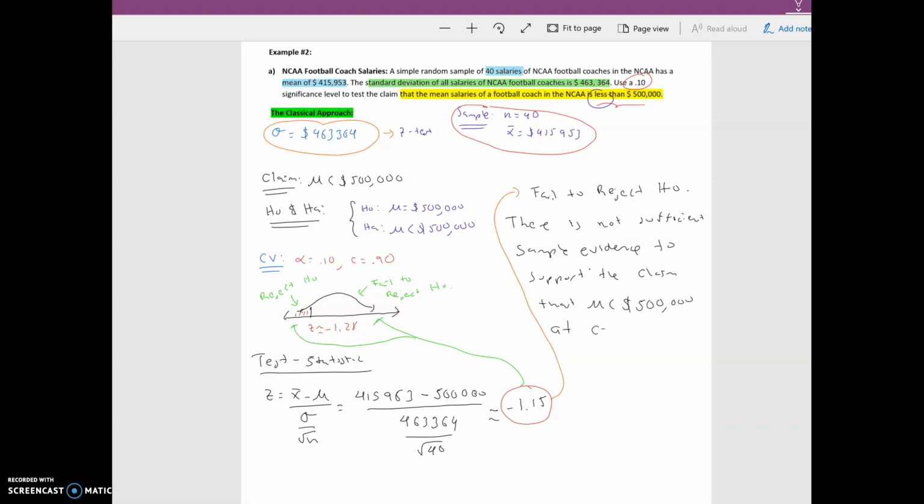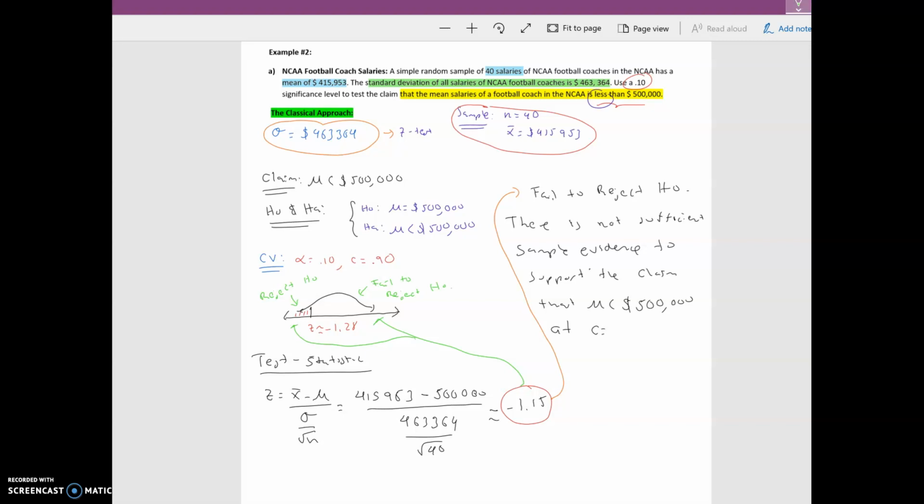at, well, c is equal to 0.90, since the value of alpha is equal to 0.10.